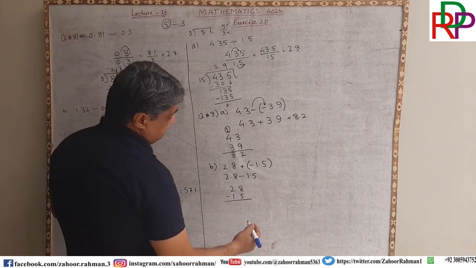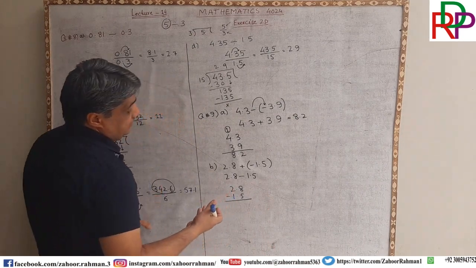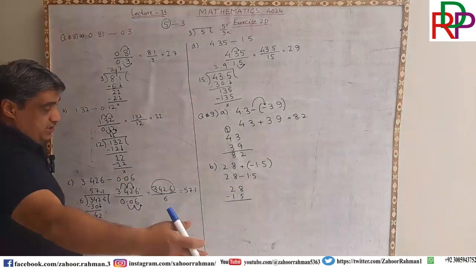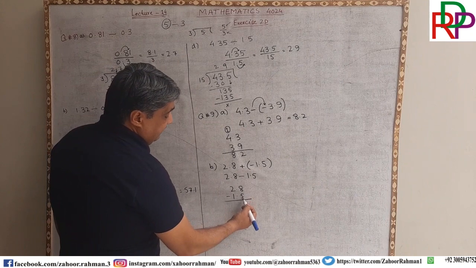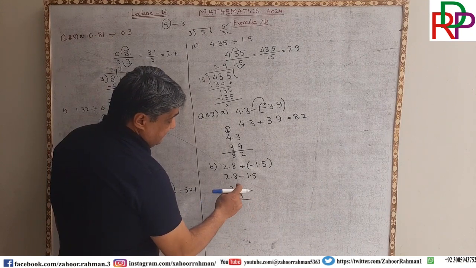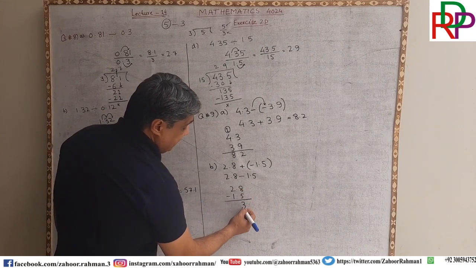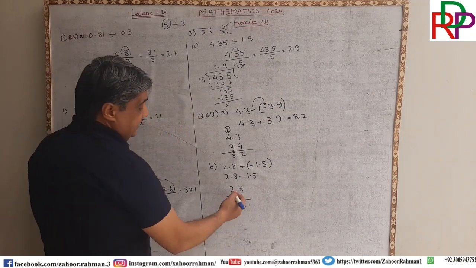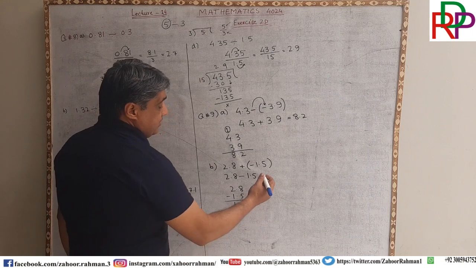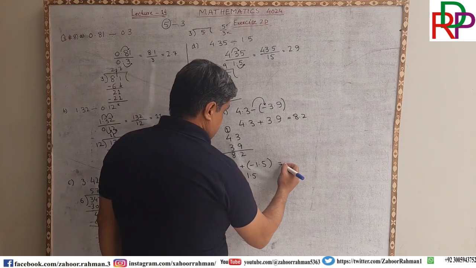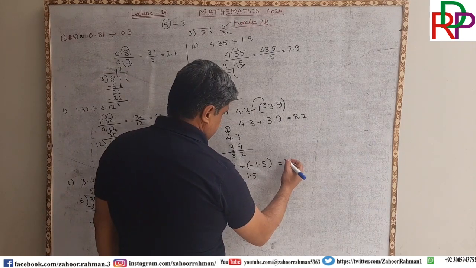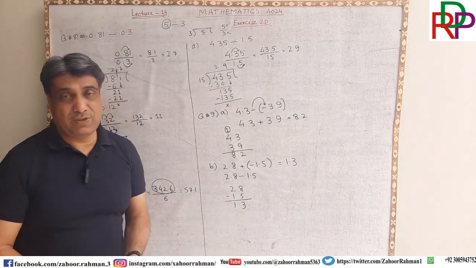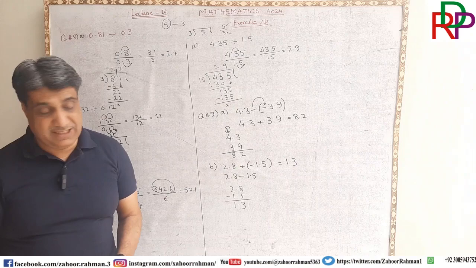From the right side you have to start, not from the left side toward the right. From 8, if I subtract 5, it will yield 3. And then from 2, 1, so the answer of this question will be 1.3.